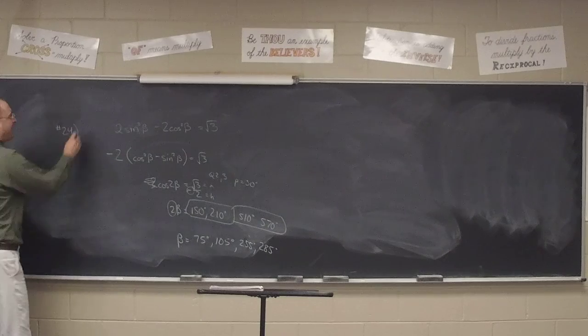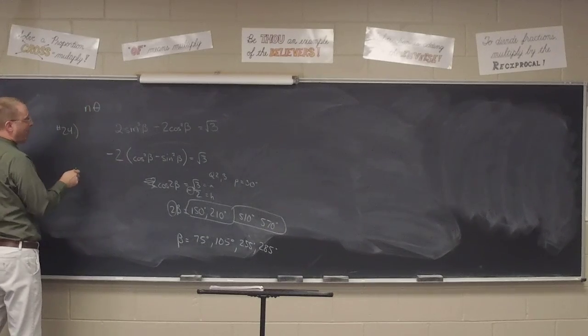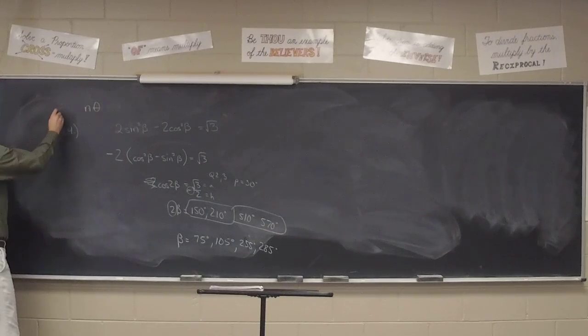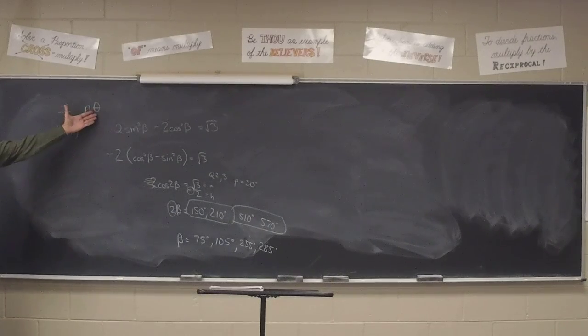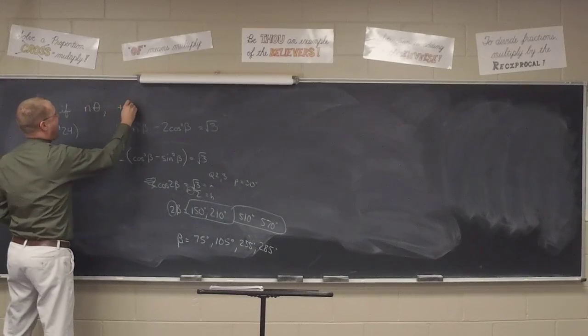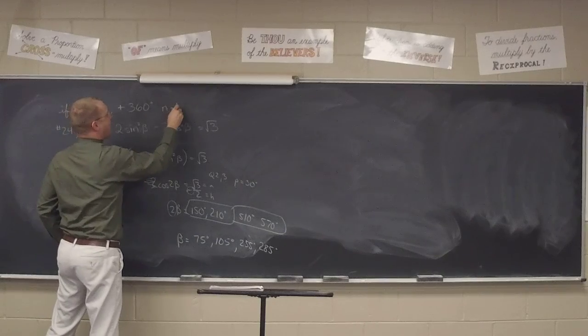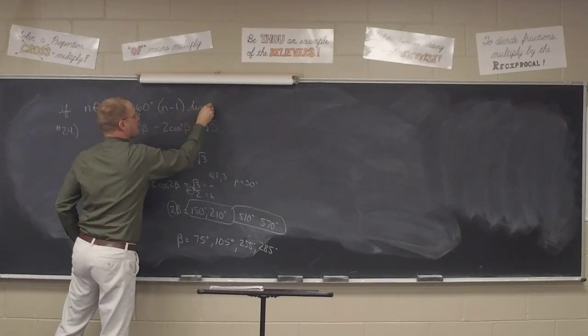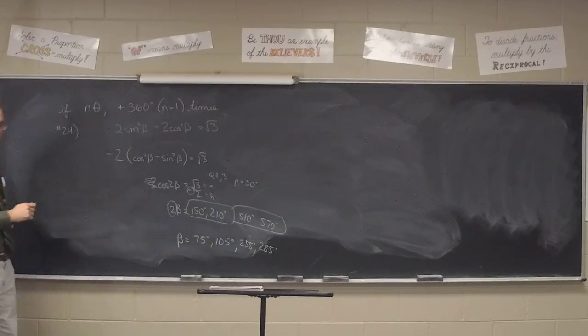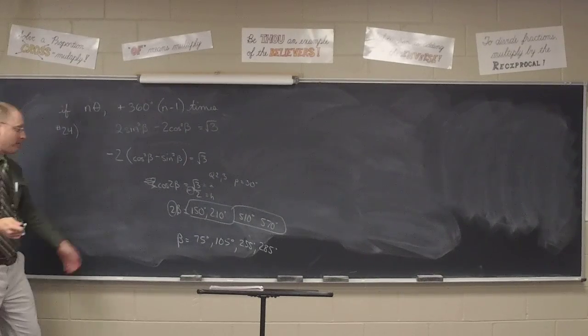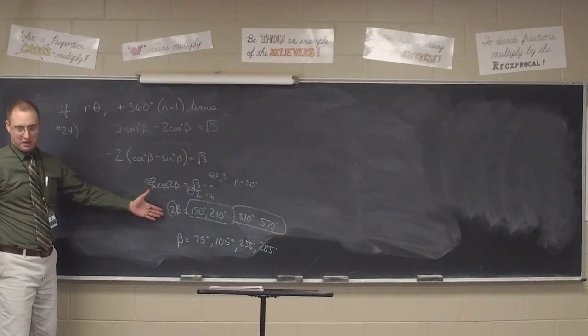If you have n theta, obviously this was beta, where n was 2 and the theta was a beta, you're going to have to add 360 degrees n minus 1 times. In other words, you need to go around the Cartesian plane as many times as you have the coefficient. The first time's already going to be there for you.